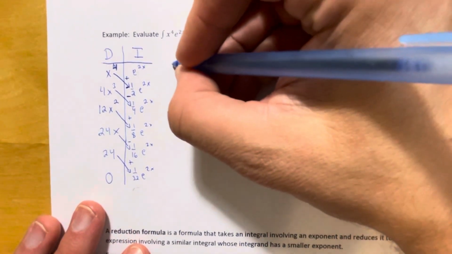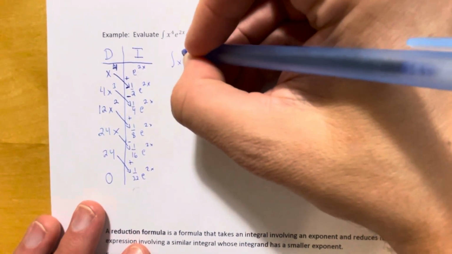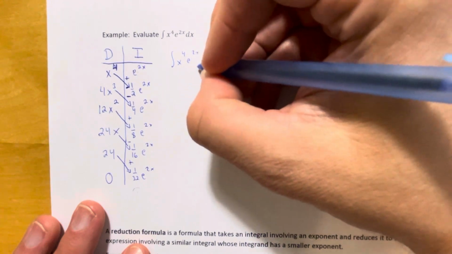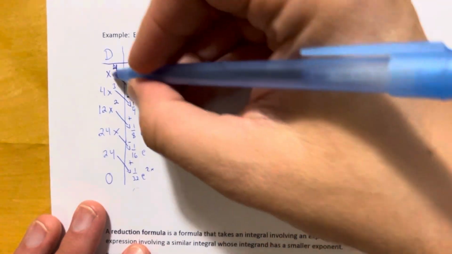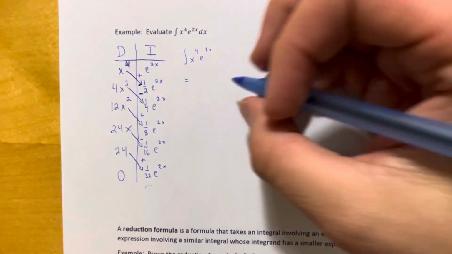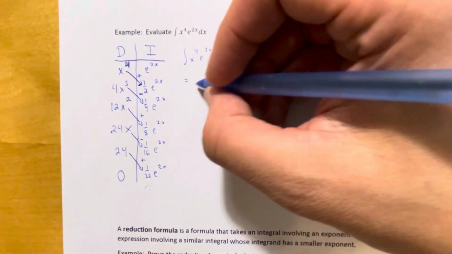So here's what we have. The integral of x to the 4th e to the 2x is equal to all of these products as a big sum of terms. So x to the 4th times 1/2 e to the 2x.